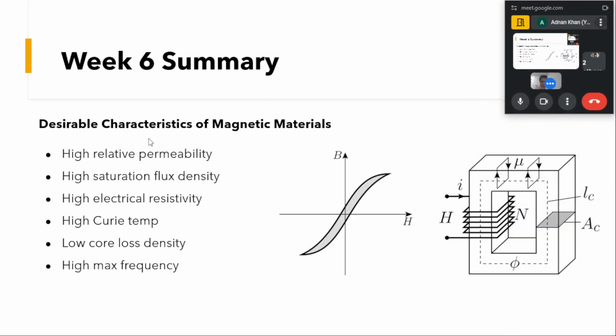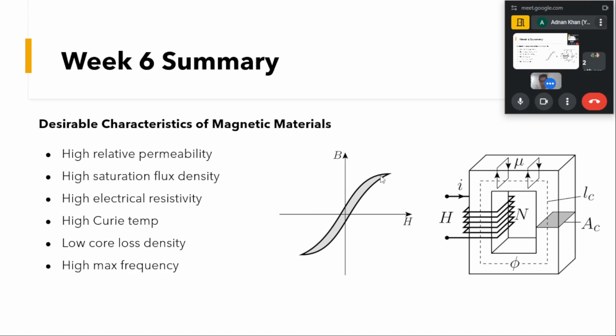So this was about the wire types. Now moving towards the desirable magnetic material characteristics. Before choosing a magnetic material, what we look for is that we want a high relative permeability.